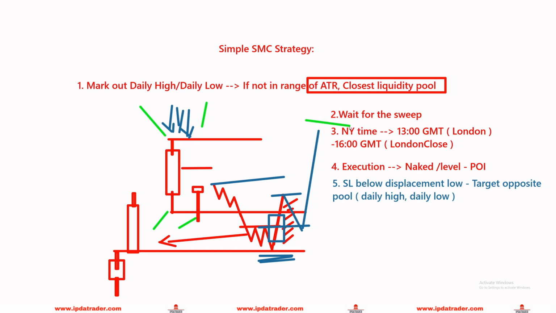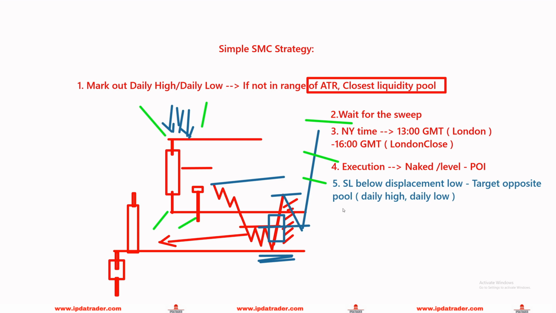You're going to be trading this during New York time hours, not before that, so that you have some room to be working with volume. Step number four, you're going to be looking for a naked level or POI below the pool of liquidity that has been grabbed. Step number five, you're going to be placing your stop loss below or above the displacement high or low, and you're going to be targeting the opposite liquidity pool, which is going to be the previous daily high or the previous daily low.